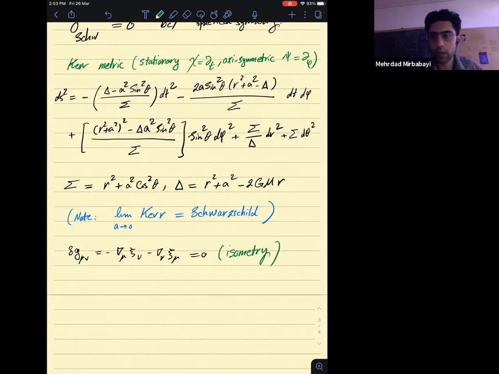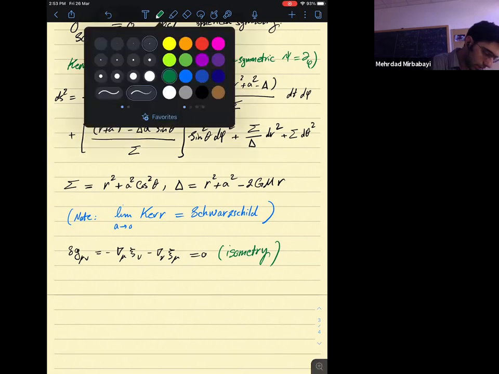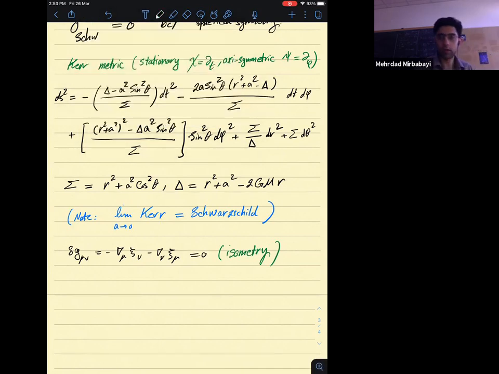This you have already seen also, perhaps in a less formal way. For instance, we saw that if the metric does not depend on a coordinate, then we have a conserved quantity.